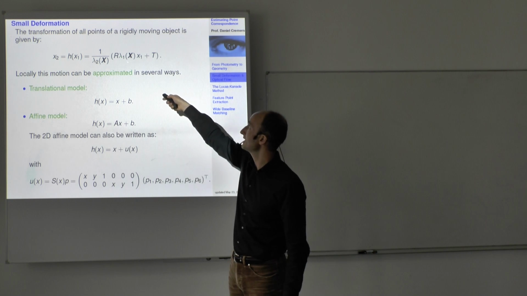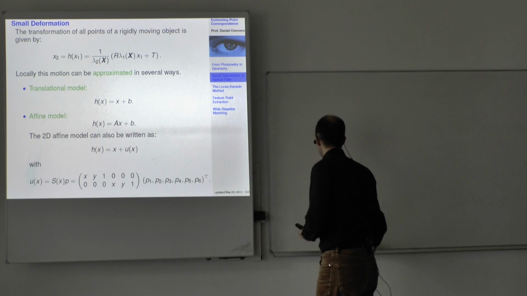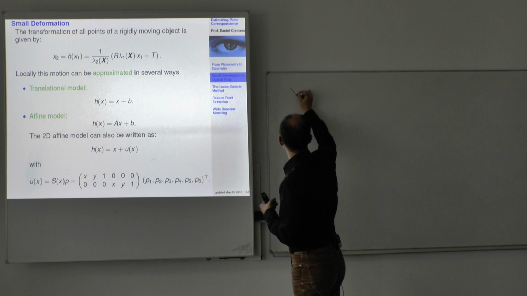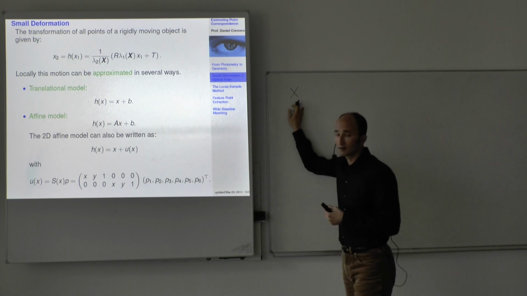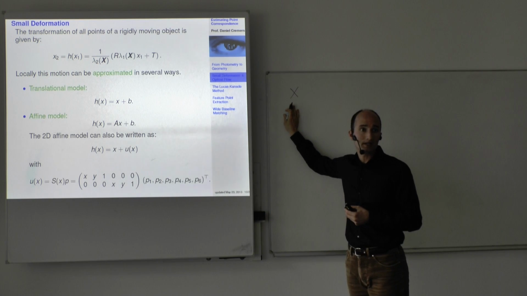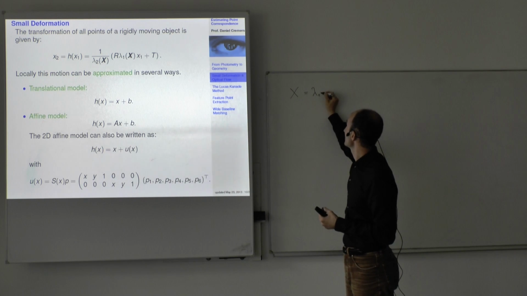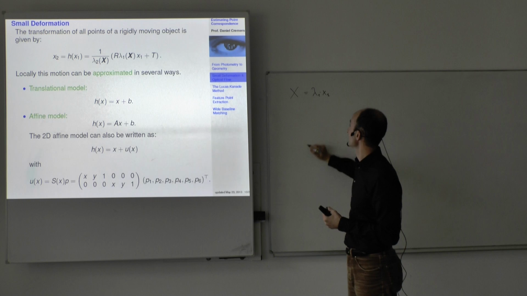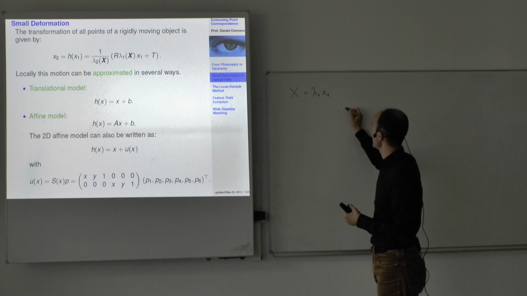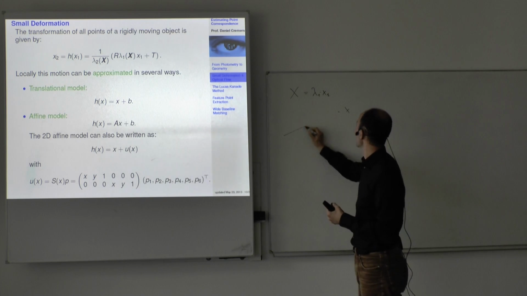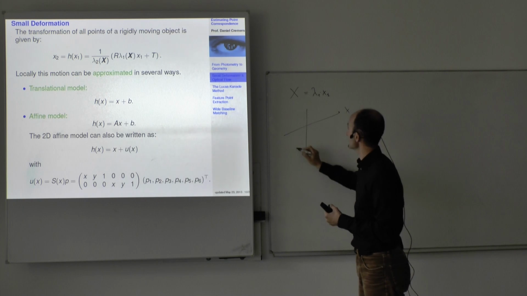remember that is the 3D coordinate, right? If I have a point x, large x in the world, and I consider the coordinates of the first camera as my reference frame, then this is the same as lambda 1 times small x1. Right, so here's the point x in the world, here is my camera center, here's the image plane.